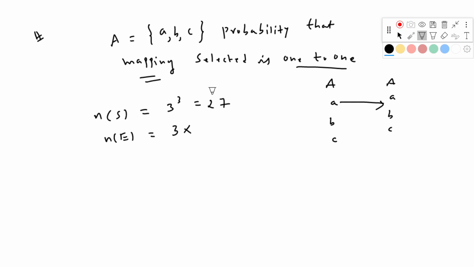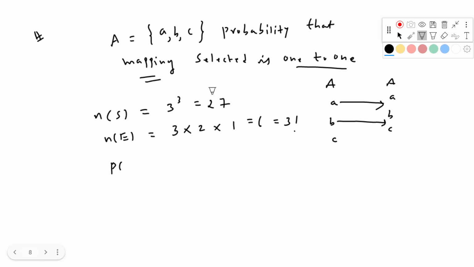So B can map with B or B can map with C only, right? Only two possible outcomes. So for B, 2. Suppose B is mapping with B. Now the remaining C can map with this only. So the number of possible outcomes for C is 1. Can I write like this? Yes. So 3 into 2 into 1 equal to 6. So 6 is nothing but your 3 factorial.